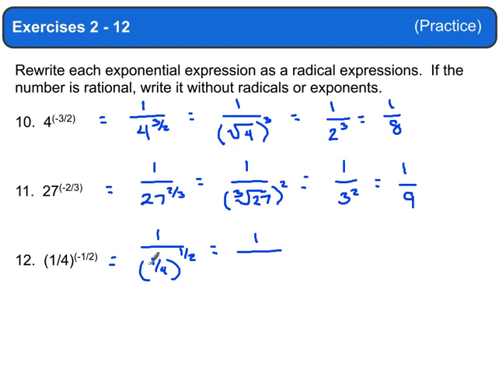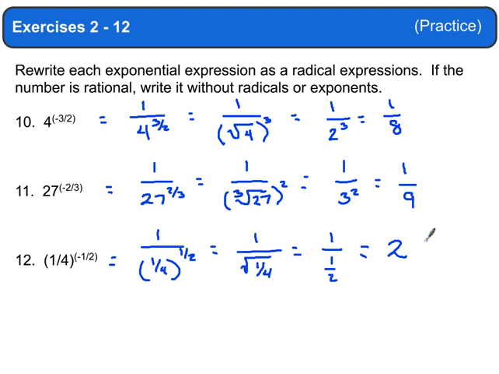So once we have that, we're going to now take the square root of 1/4, and that ends up equaling 1/2. And so 1 divided by 1/2 ends up being a 2.